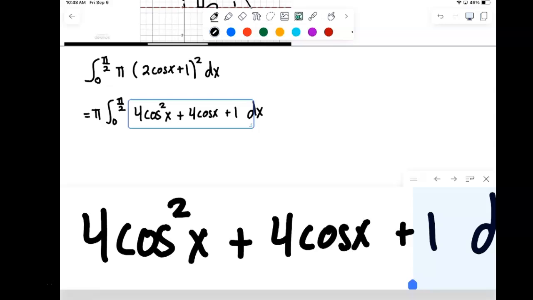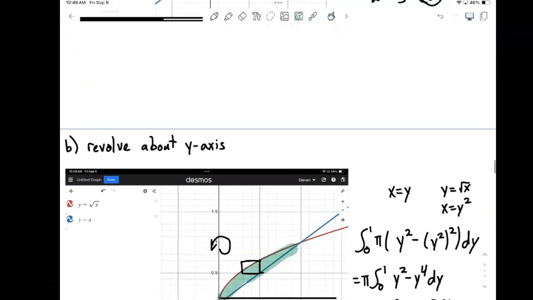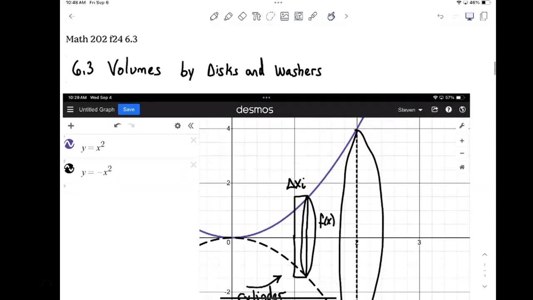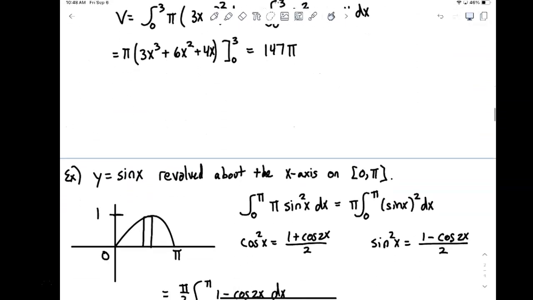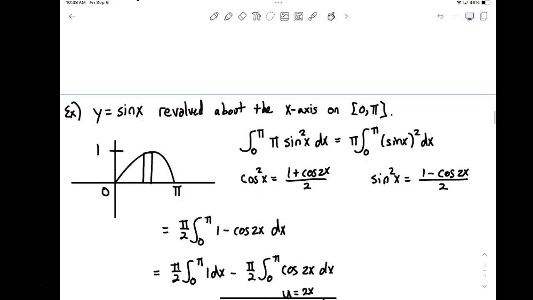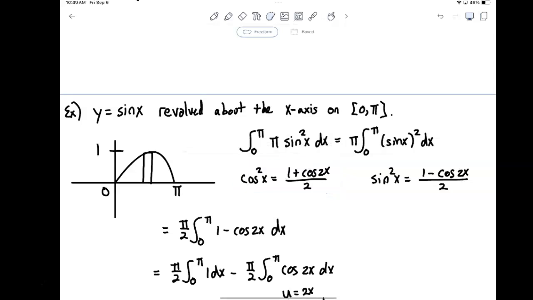And this is something that I believe we ran into earlier when we were dealing with the volume underneath the sine x function. All right, so we need this trig identity: cosine squared x is 1 plus cosine of the double angle all over 2.